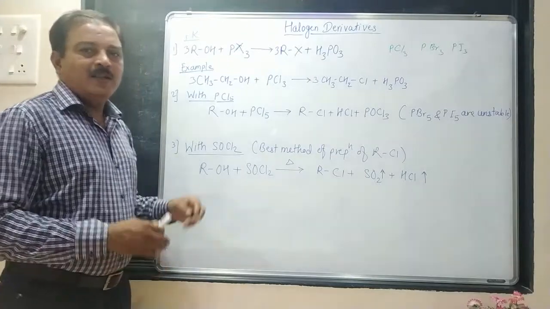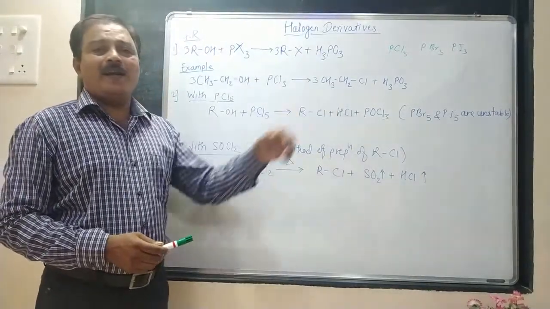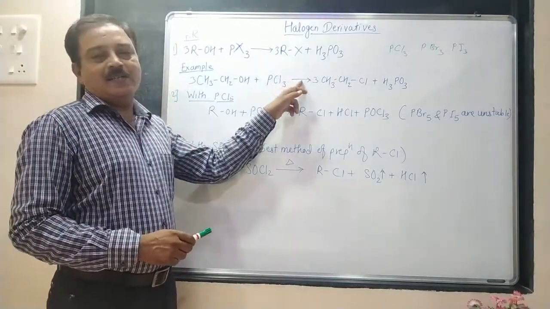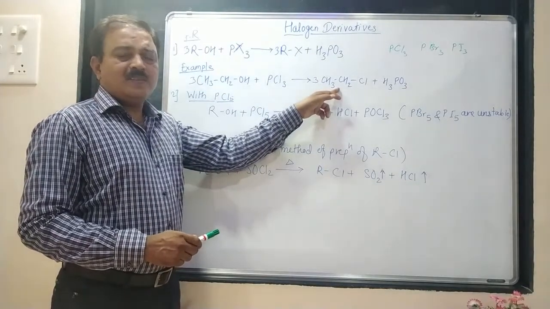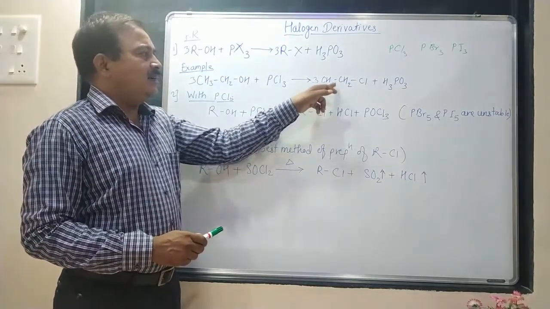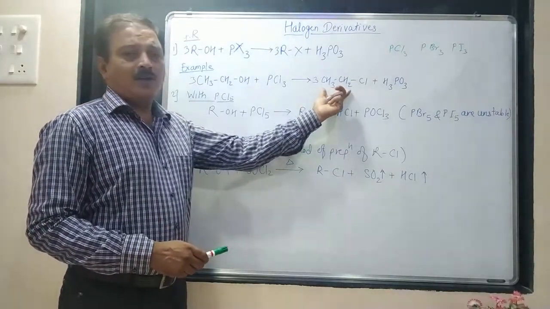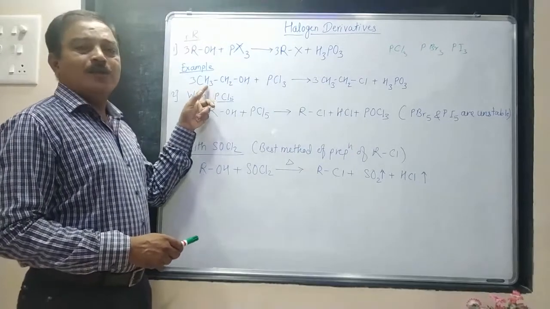Now suppose the question is asked in the examination, how is ethyl chloride obtained? First of all you will draw an arrow, then draw the structure of the desired product, and after drawing the structure of whatever product is asked, you will come to know which alcohol is to be taken.